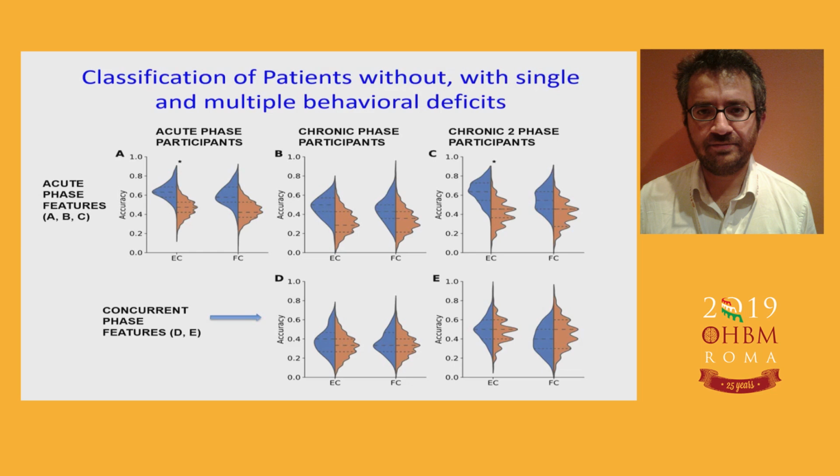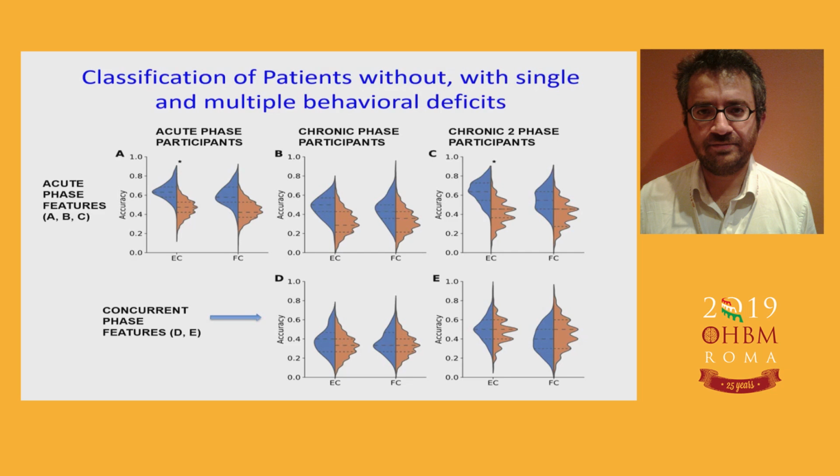And in this sense, I say that it is a prognostic biomarker because it can extract information in the acute phase to classify patients 1 year later in terms of behavioral deficits. And if you notice panel C and E, the mean accuracy of EC is much higher when you use the acute phase features than the concurrent chronic 2 phase features.